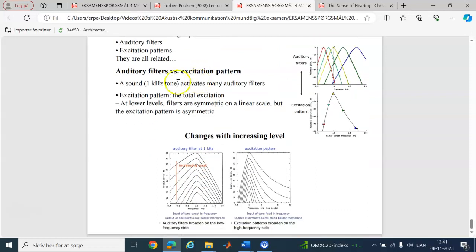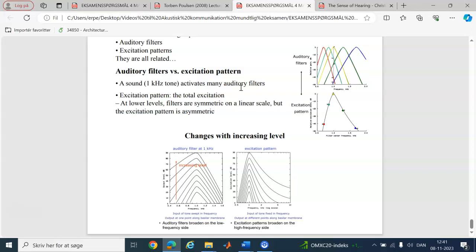How to explain this? For instance, we have a sound at 1 kilohertz. It will activate many auditory filters. When the sound comes to the basilar membrane, it will activate many auditory filters. The excitation pattern is the total excitation.